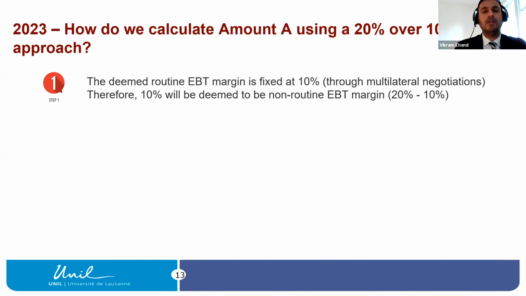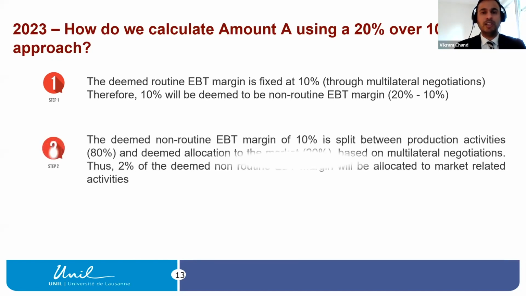So 10%, because out of 20 you remove 10, then 10% will be deemed to be the non-routine PBT margin. Now this non-routine margin is then split, an arbitrary split, between production related activities, and then there's a deemed allocation to the market.